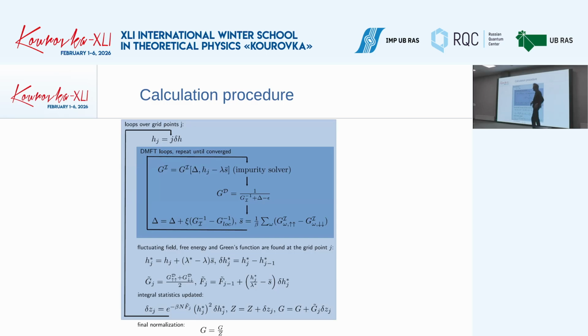Don't look in details. Anyhow, this is an illustration. This is a real scheme, an illustration of how the method is implemented. What is important is that the field h is a 3-component vector. But if you tend your external polarizing field to zero, then the system is rotationally invariant, and there is no problem to integrate over the angles.